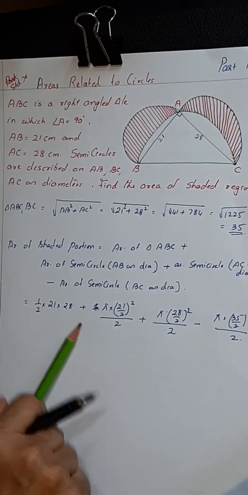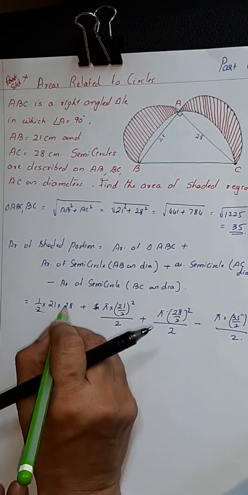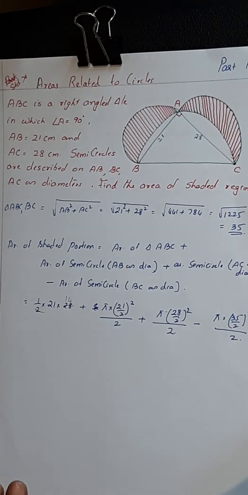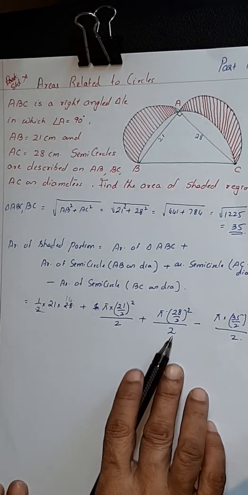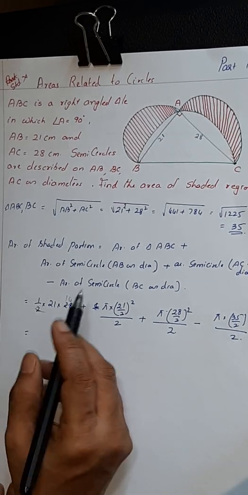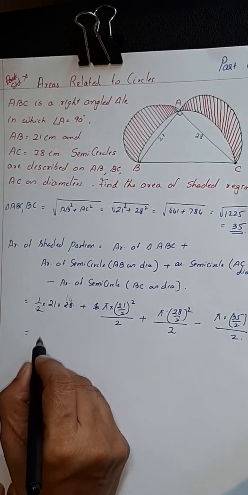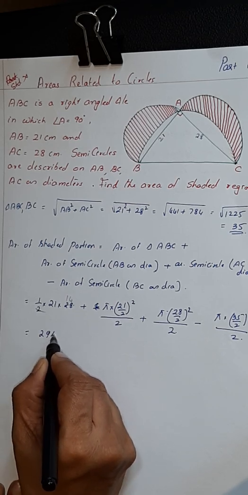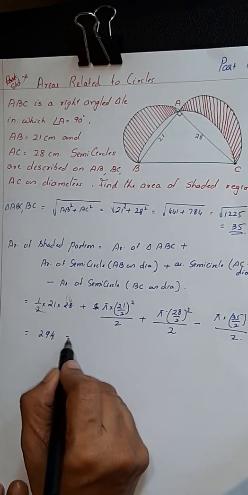So here we will take pi by 2 common in all these three. So this will be 14 into 21, that becomes 294. Then I'll take pi by 2 outside.